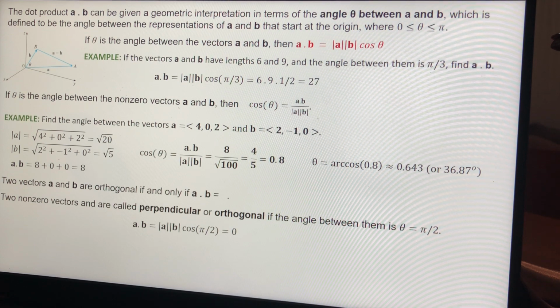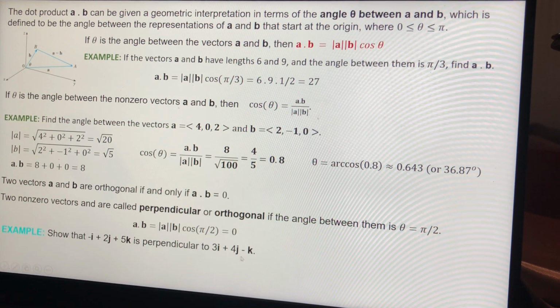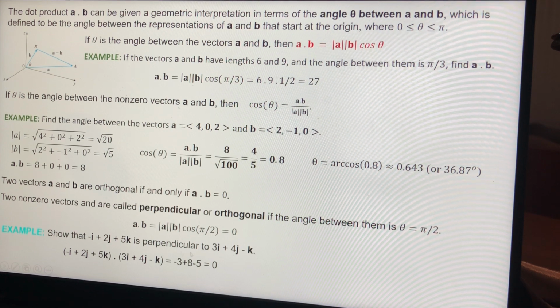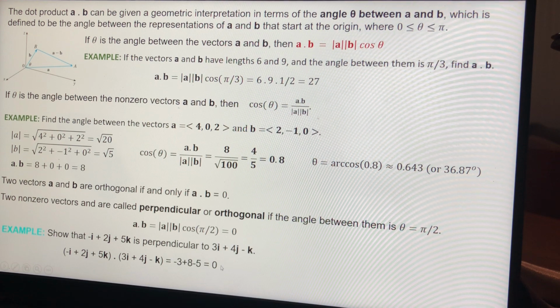So you can check whether two vectors are orthogonal by checking their dot product. For example, these are perpendicular. Show that. How can we do that? We can take the dot product and check if it is 0. As you can see here, minus 1 times 3 plus 2 times 4 plus 5 times minus 1 is exactly 0.